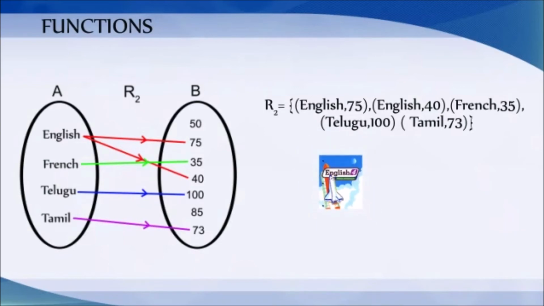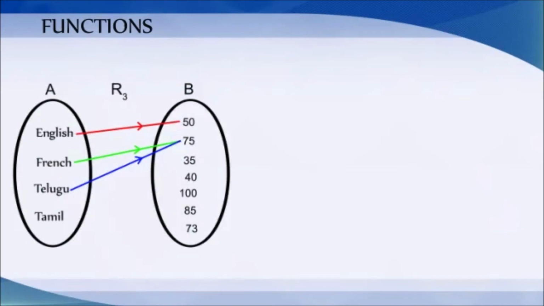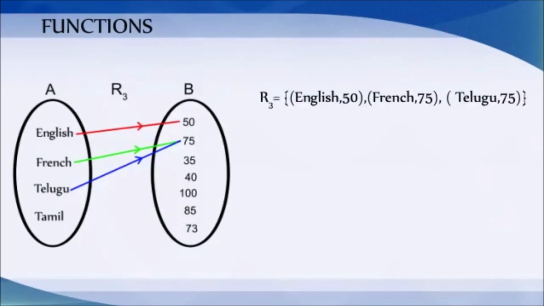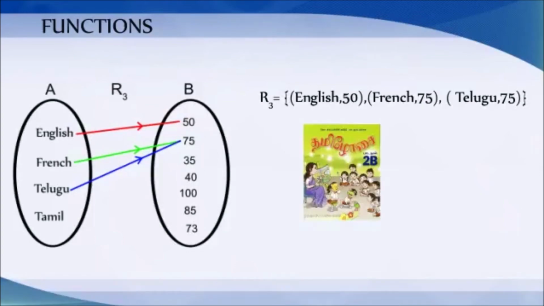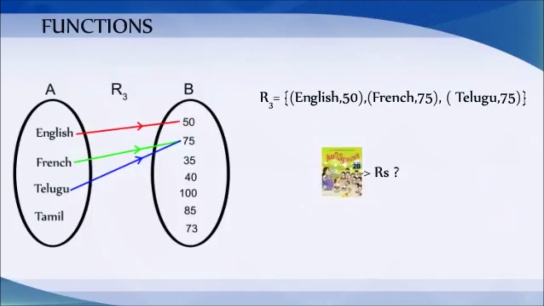That is, cost of English book is 75 rupees. Again, the cost of English book is 40 rupees, which is impossible as the same book cannot take two values. Similarly, when you observe the relation R3, we can see there is no value, that is cost, assigned for Tamil book.